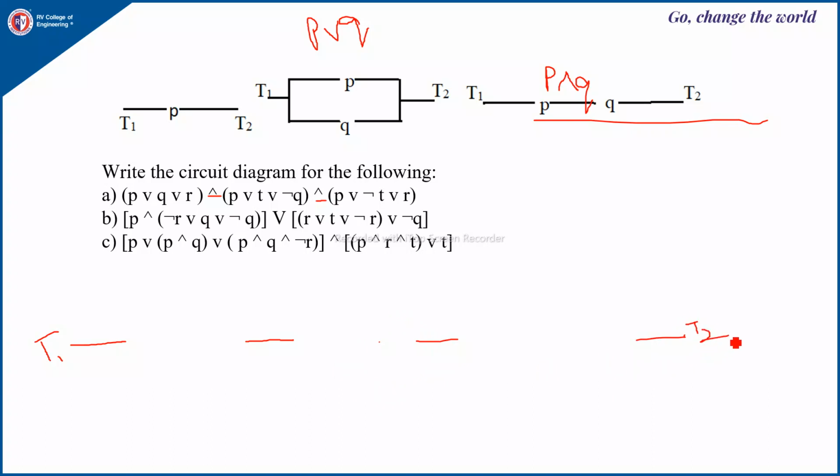AND means it is series. And now the first expression is OR. So it is a parallel connection of P or Q or R. This is connected in series.